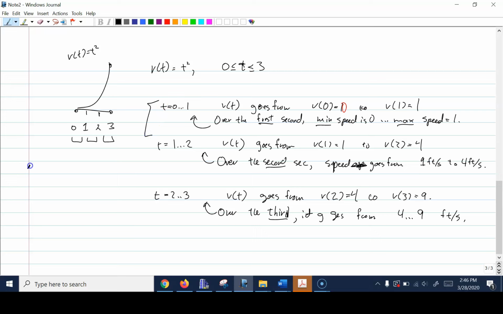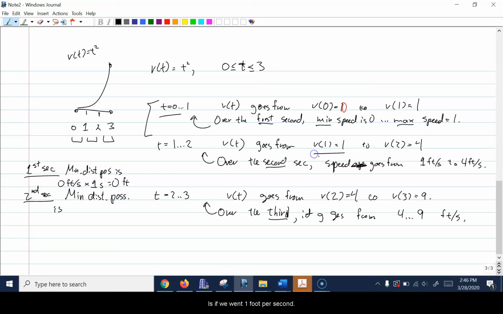For the first second, the minimum distance traveled is, if we went a speed of 0 feet per second, times, now we're multiplying by 1 second, because this is a 1 second time period we're estimating, is 0 feet total. And over the second second, the minimum distance possible is, if we went 1 foot per second, for that middle 1 second, we would travel a distance of 1 foot.